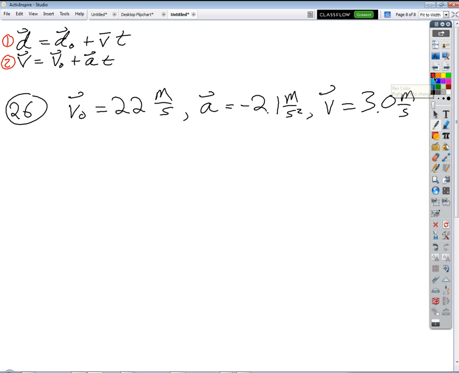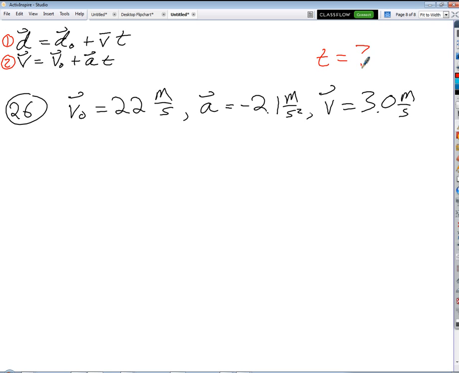Time. Trying to find time, okay? So what's going to be the equation we're going to use, Brady, for this one then? This is the stuff we know, that's what we're trying to find, that matches the information in which equation? V equals V naught plus acceleration times time. Good. We'll call it equation 2. Good. So that's where we'll start.